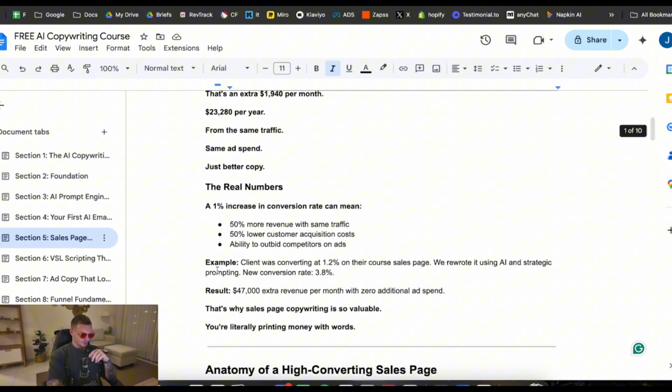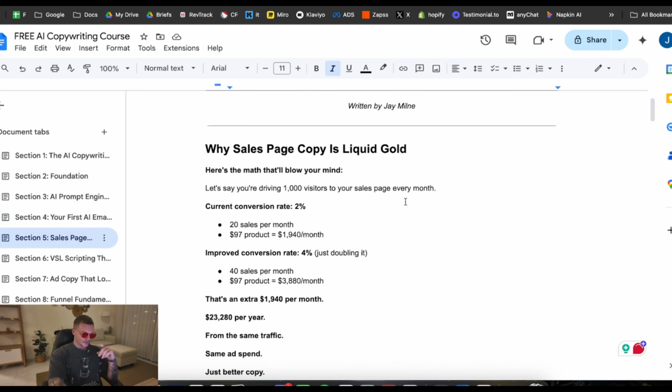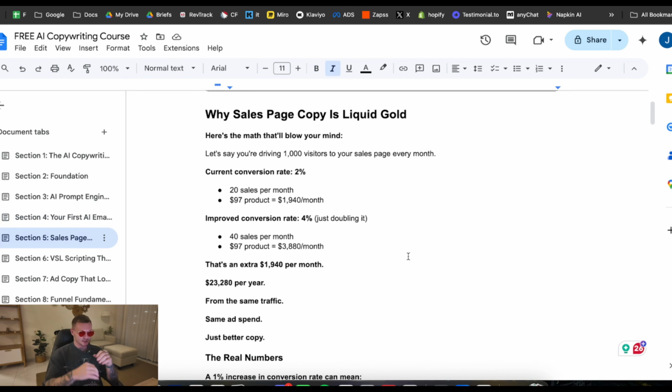Next up, we have sales pages. So sales pages, this is liquid gold. Here's some maths for this, right? Let's say you're driving 1,000 visitors to your sales page every single month and you have a 2% conversion rate. That's 20 sales per month on a $97 product. That's $1,940 a month.